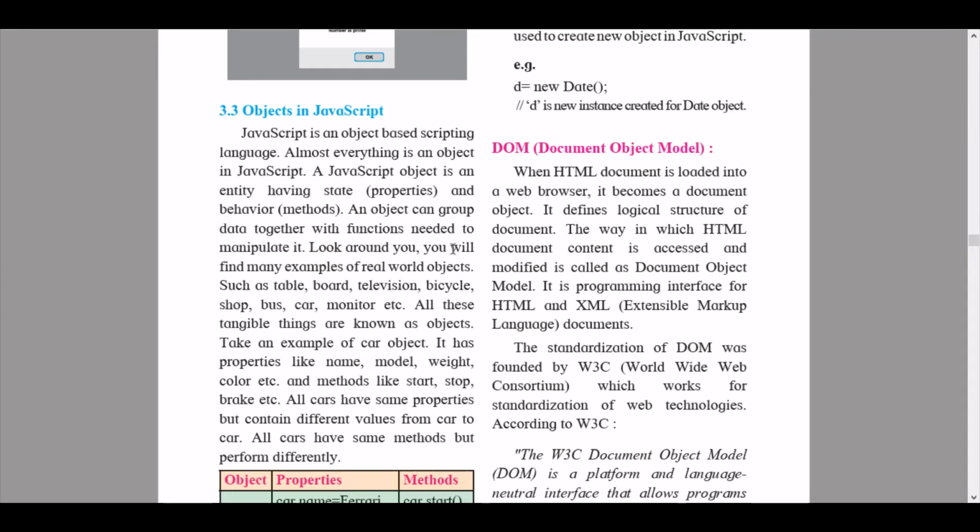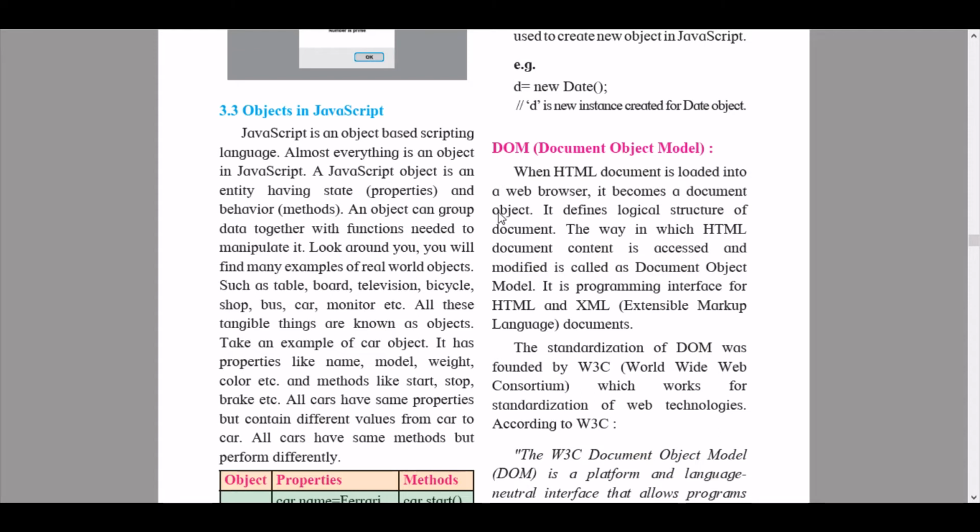Look around you. You will find many examples of real-world objects such as table, board, television, bicycle, shop, bus, car, monitor, etc. All these tangible things are known as objects. Take an example of a car object.